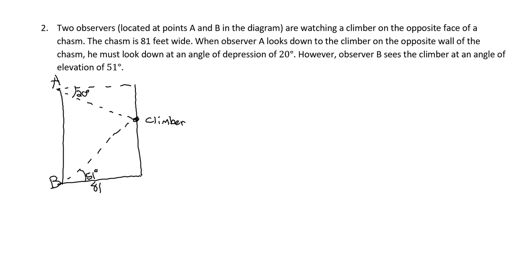And then it's asking how tall, lots of issues with this one, how tall is the chasm? So it's just looking for this total height going straight up. And that's it. Go ahead and work on your activity so we can do that advanced task.